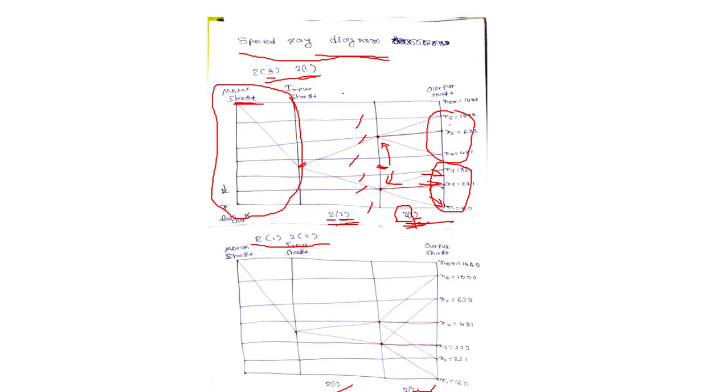For 32, we know 2 is the gap and 3 is the pair. So the first point is n1, and by putting 2 gaps, this is the first gap and this is the second gap. So the gap between these speeds is 2.